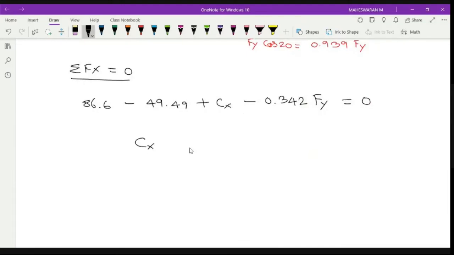So Cx minus 0.342 Fy is equal to the remaining, whatever you can put on the other side. So what you are getting? Minus 37.11. So this is equation number 1. So this is my first equation. Okay, this is over.